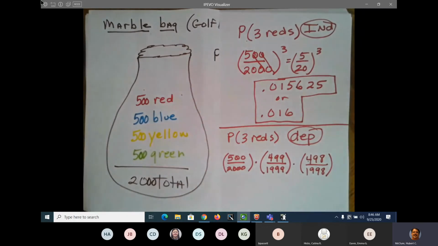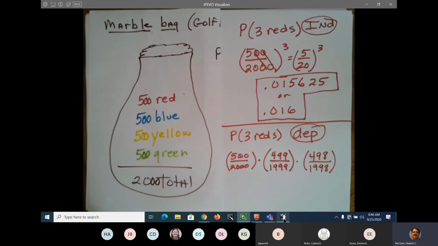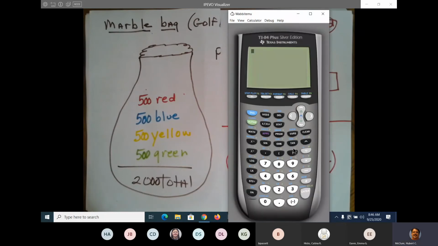Okay, so let's take our handy dandy calculator out, and that's going to be parentheses 500 divided by 2,000 times 499 divided by 1999 times 498 divided by 1998.